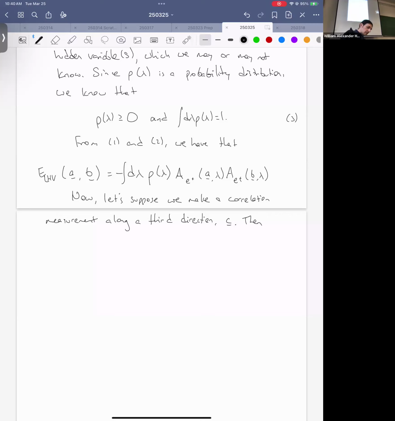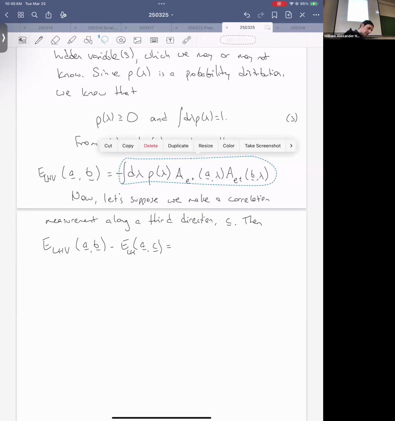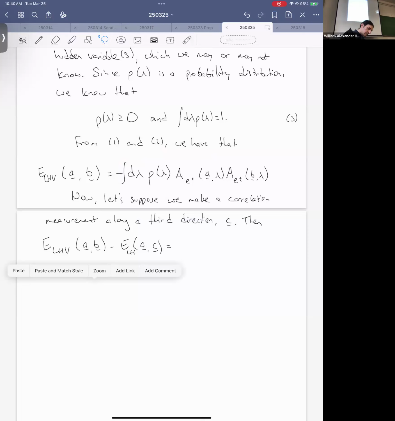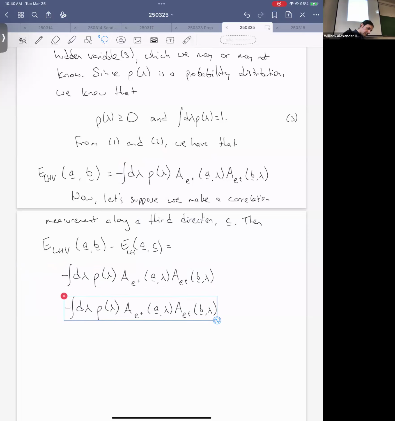Then this expectation value, local hidden variable theory, A, B minus expectation value, local hidden variable theory, A, C. So here's the result for A and B. We get a plus sign here, and this B becomes a C.